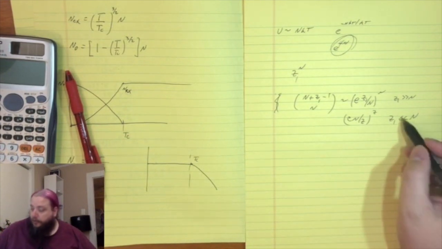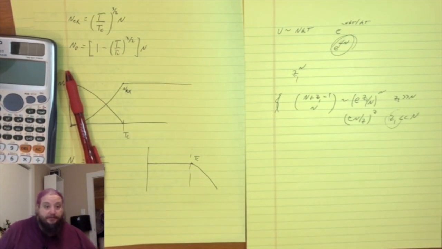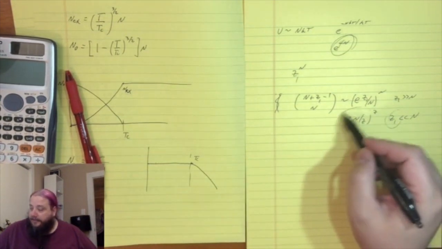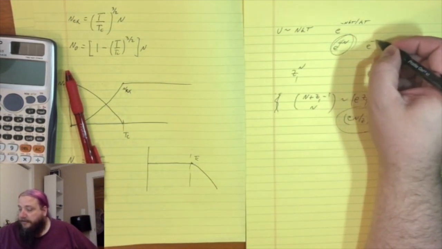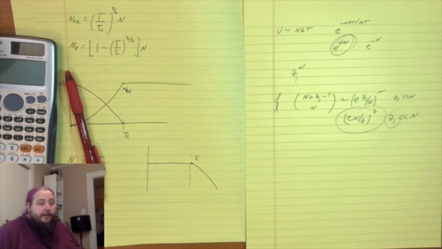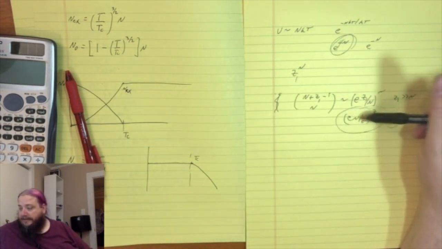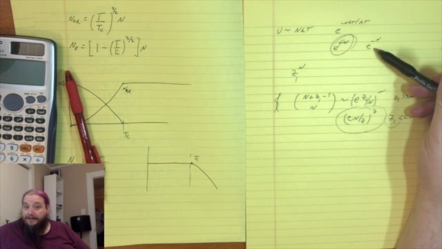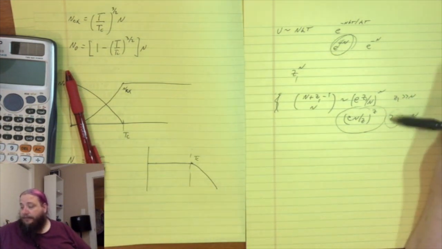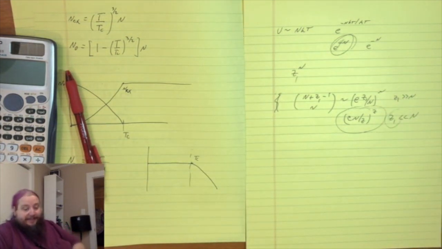So when the temperature gets cold and the partition function for a single particle gets relatively small, then this is much less than 1, and this term is not large enough that the e to the minus n term is completely swamped, because n to the z is not going to beat out e to the n in the case where z is much less than n.